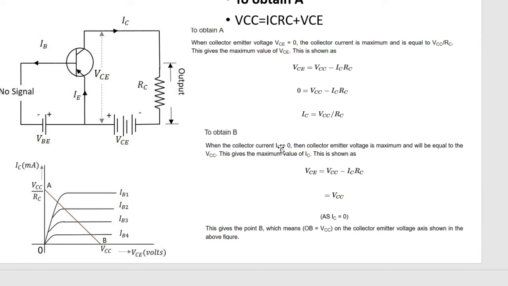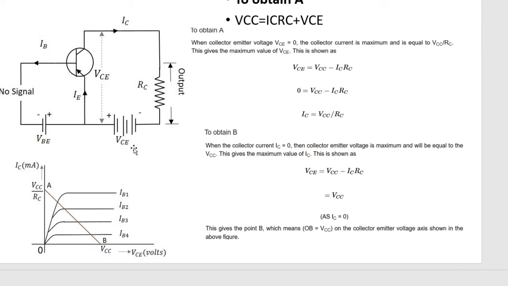If you substitute IC equal to 0 in this equation, we get VCE equal to VCC minus IC RC, or VCE will be VCC. So in the cutoff state, the transistor is off, the collector current is 0, and VCE, the voltage drop across the collector and emitter, is nothing but the supply voltage VCC.